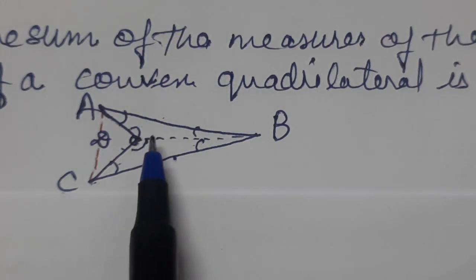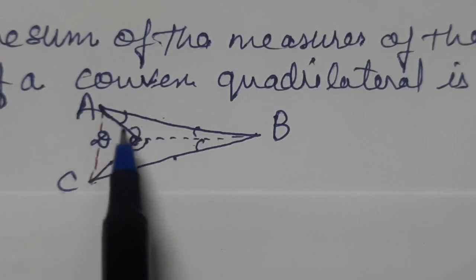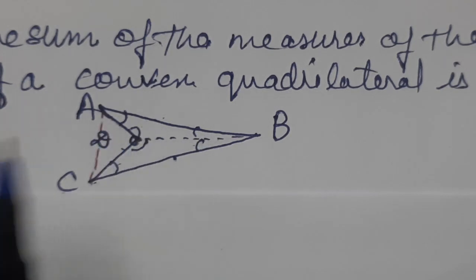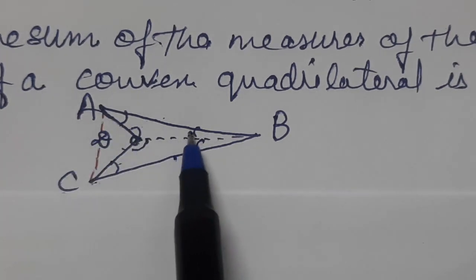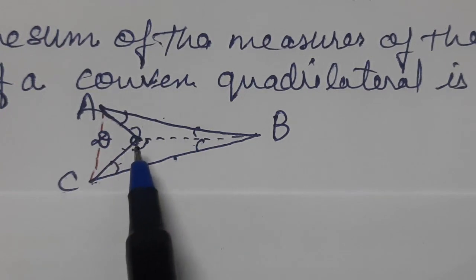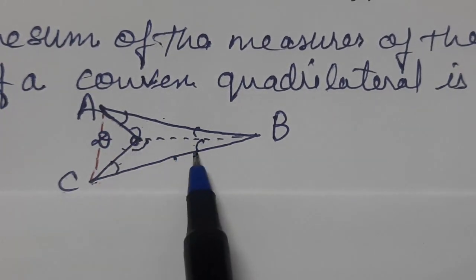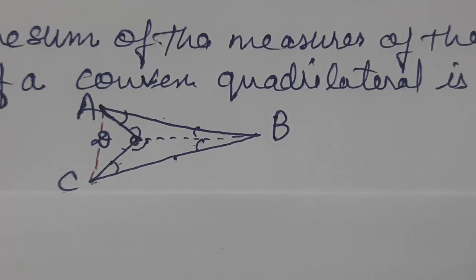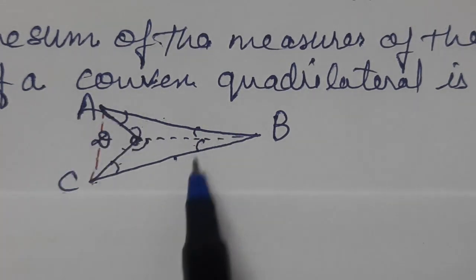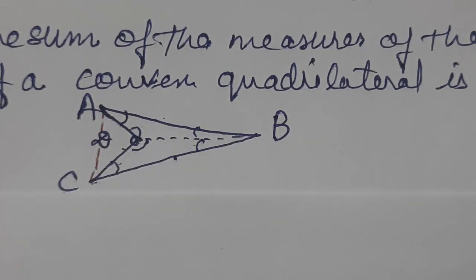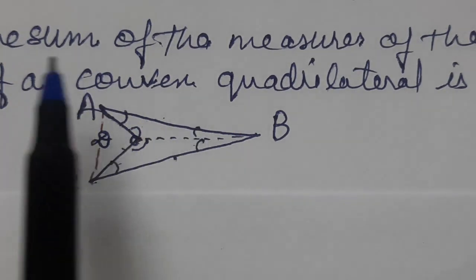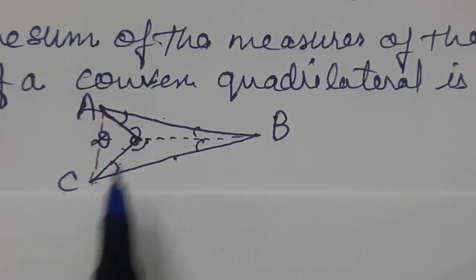In the same manner, you can prove it. It is non-convex, it is concave, and it doesn't matter. The answer is the same because the 3 angle sum is 180 degrees here and also here. So this is a non-convex quadrilateral. So the third answer is over. Clear, children?